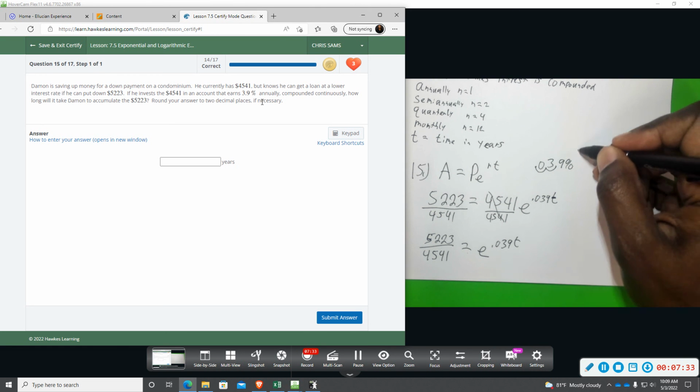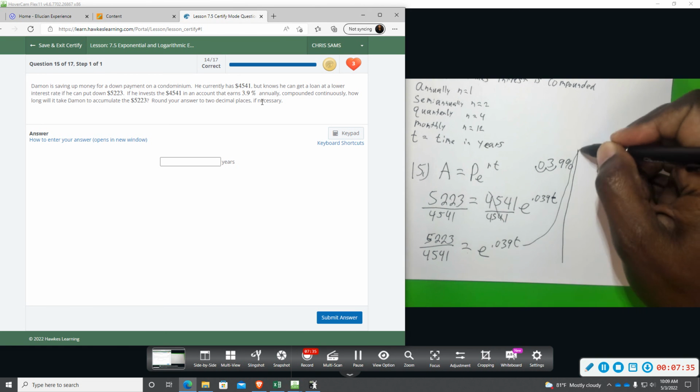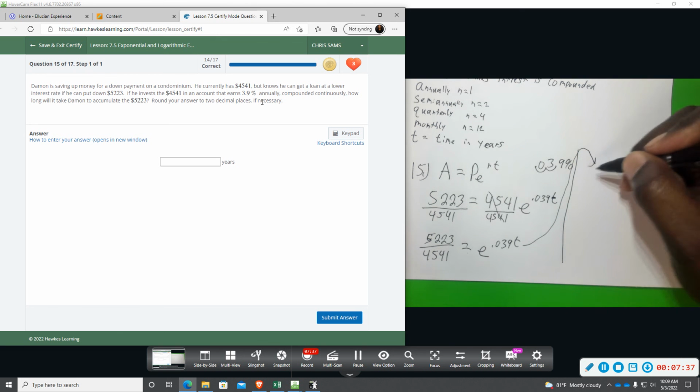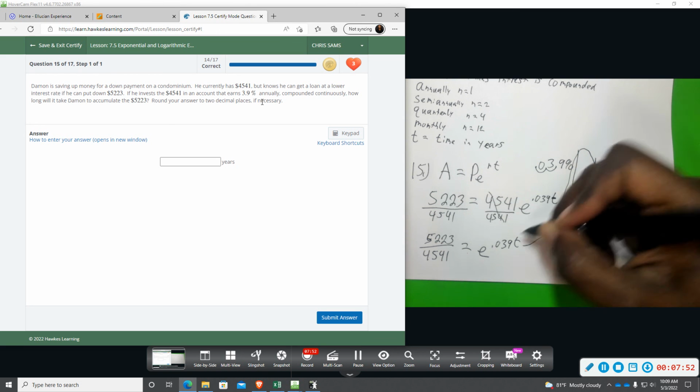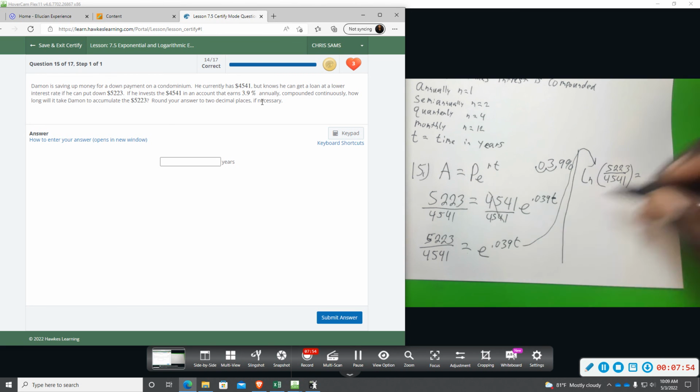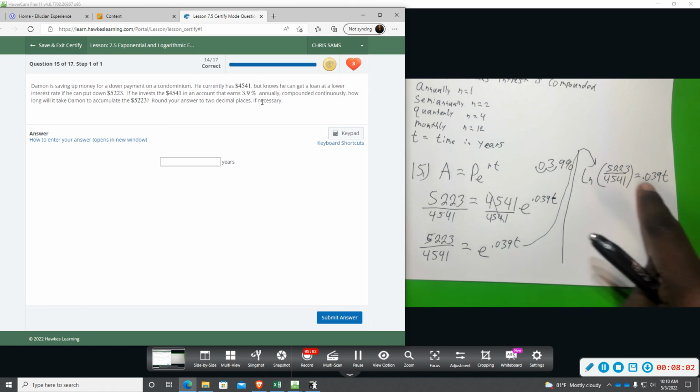And from there, this will become natural log of 5,223 over 4,541 equals, once I take the natural log of this side, it cancels out that E, and we're just left with 0.039 T. So I have the natural log of this equals this.